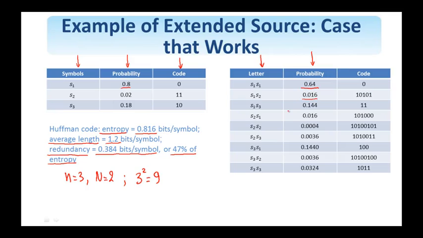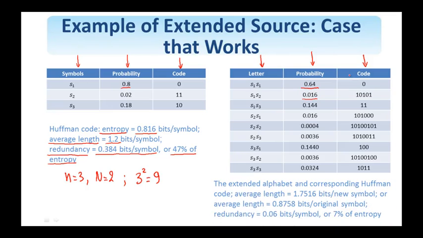So having this extended source, we follow again the procedure of the Huffman code, and here is the resulting Huffman code. If we compute now the same statistics for this extended source, we see that the average length of this code for the extended source is this, so many bits per new symbol.